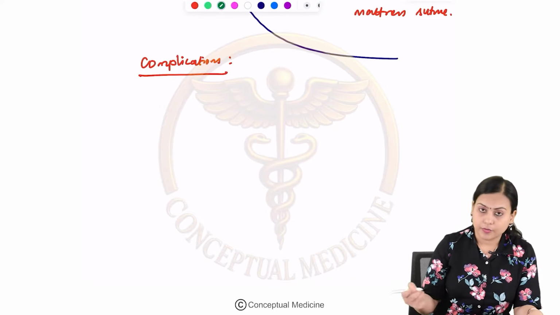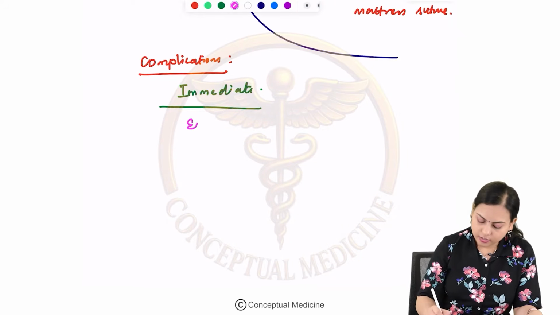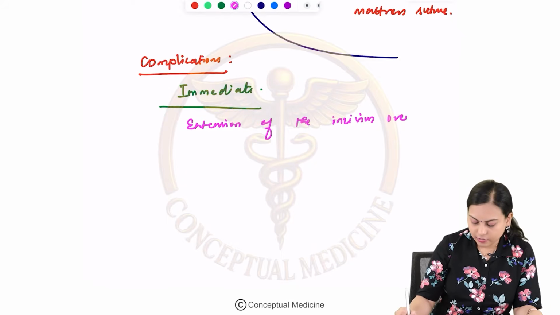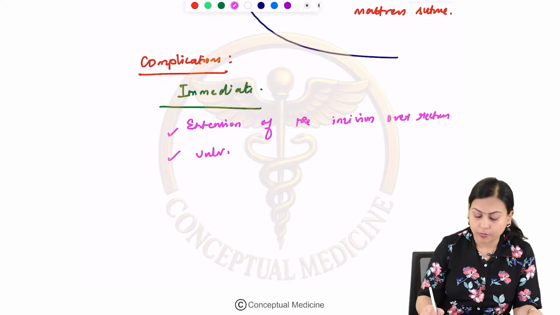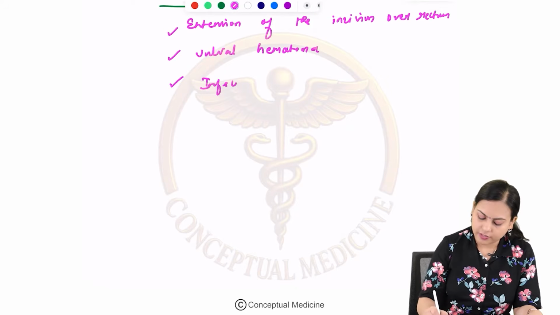With an episiotomy wound, we can expect immediate complications like extension of the incision over the rectum, yes, that is possible. Then there can be formation of vulval hematoma, and there can be chances of infection as well.